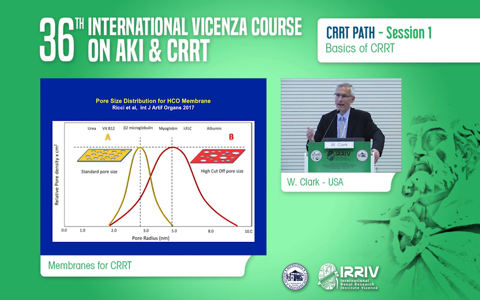And this shows that in the generation of these kinds of membranes and the pore size distributions, all membranes have a distribution of pore sizes. They're not perfectly ideal with one pore size. The distribution in some cases may be a little bit broader with these high cutoff filters versus a standard filter. But again, a lot of it comes down to the interplay between the sieving profile or the pore size distribution and the molecular weight of albumin.